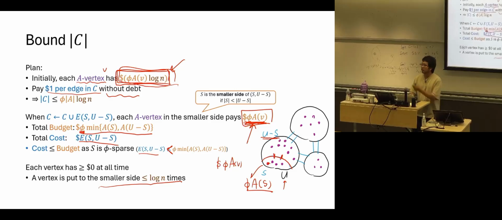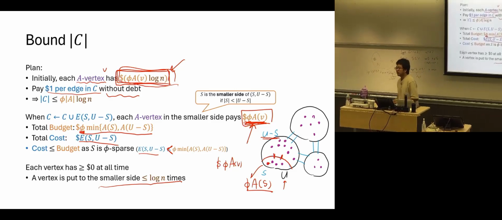Is the capacity 1 for each edge? Right now capacity is 1. And I encourage you to think of how to generalize this for capacitated graphs. Basically, how much you need to pay will be the capacity of that edge instead of 1.